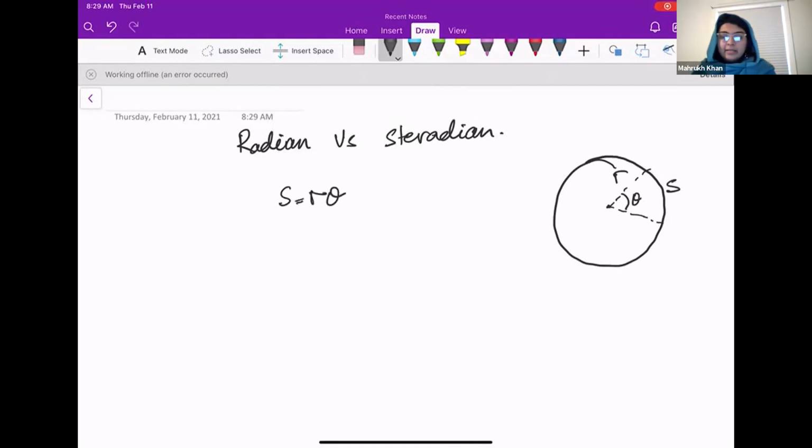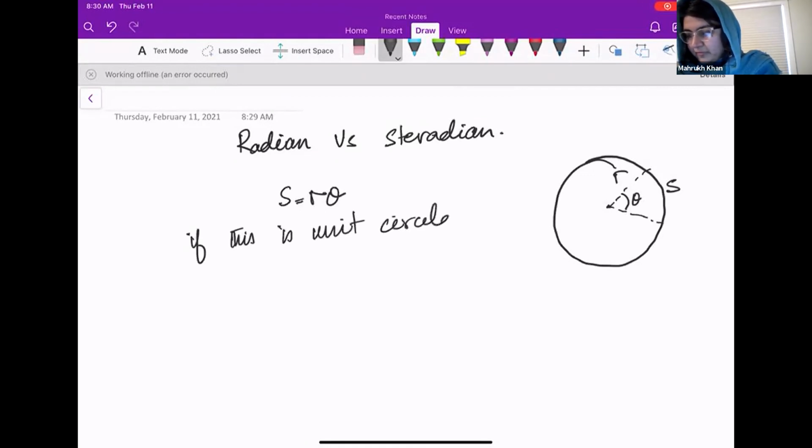And if this is a unit circle and S is equal to R, then theta will be equal to 1 radian.